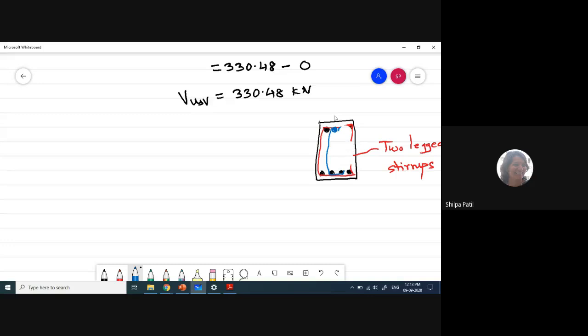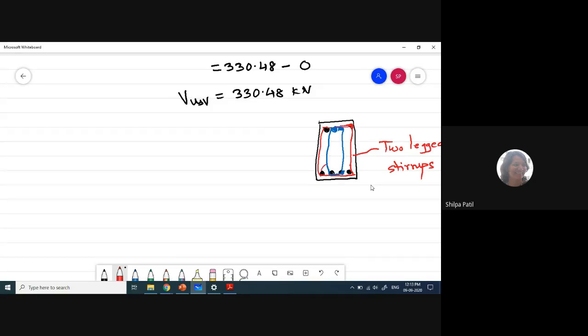I need to use a scale here now. So this is the additional stirrup which is provided, and in this case the stirrups provided are called 4-legged stirrups. This is the first leg of red color and the blue color will be the second.